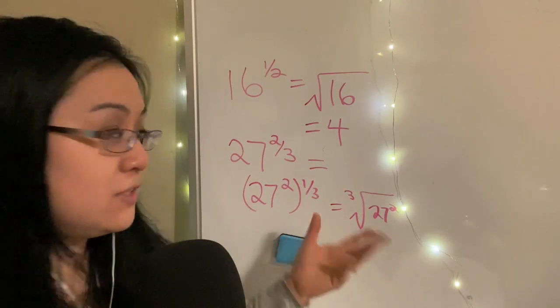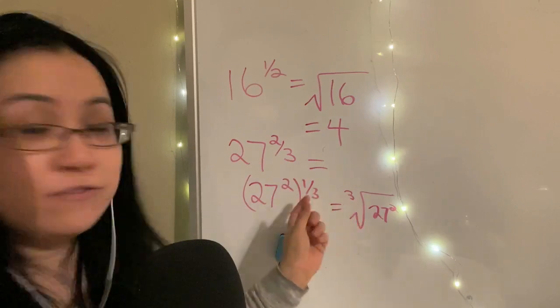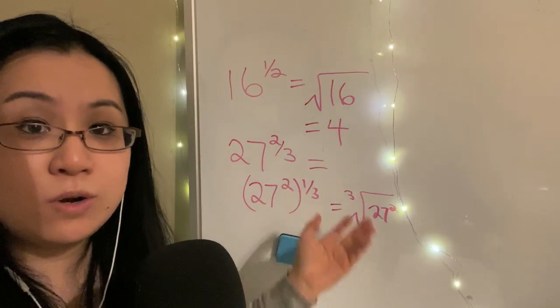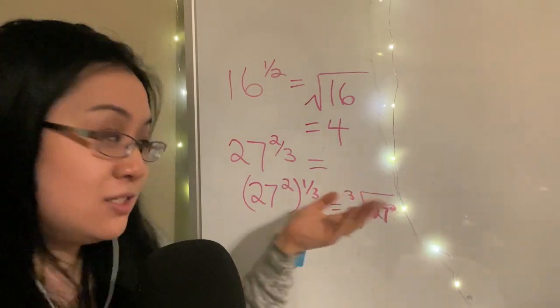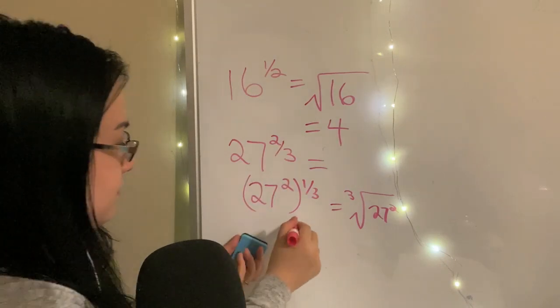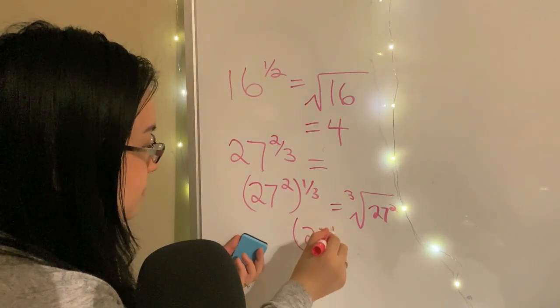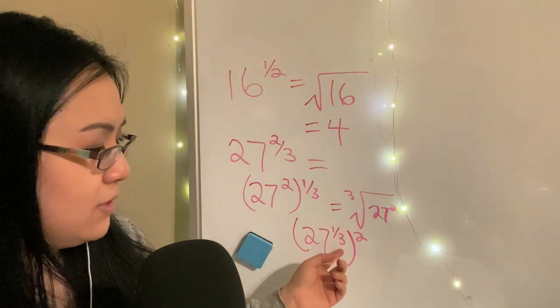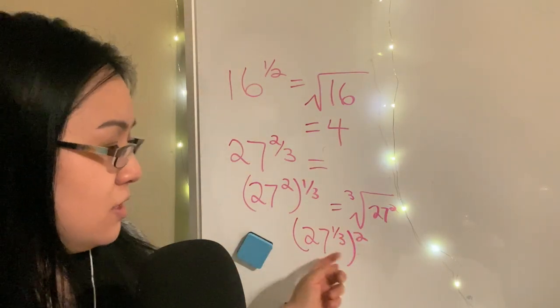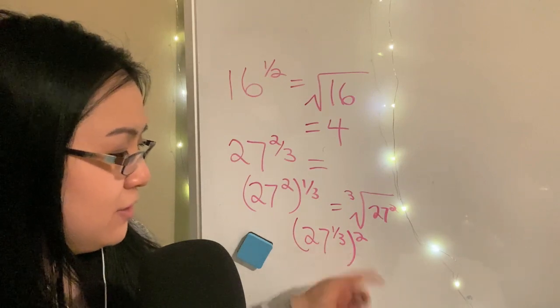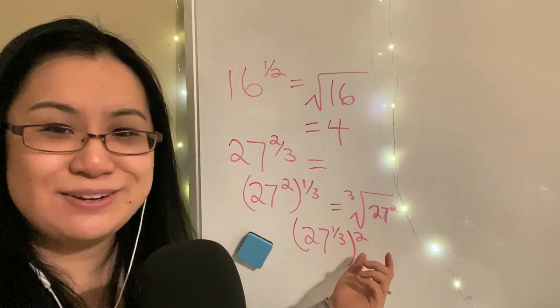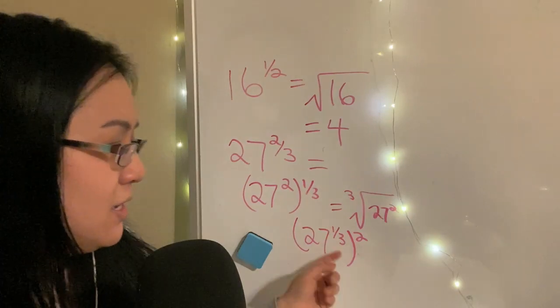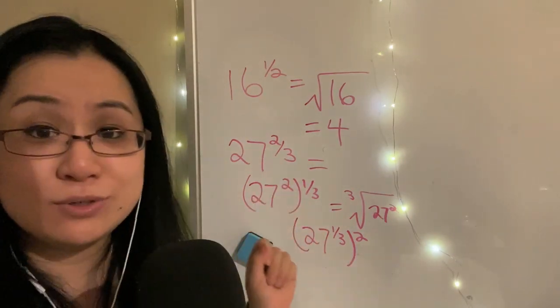Or alternatively, you can actually flip-flop this because 1/3 times 2 is still 2/3. And so I still have the same rule. Stuff to the power of stuff to the power of stuff means you can multiply the two exponents. 1/3 times 2 is still 2/3.